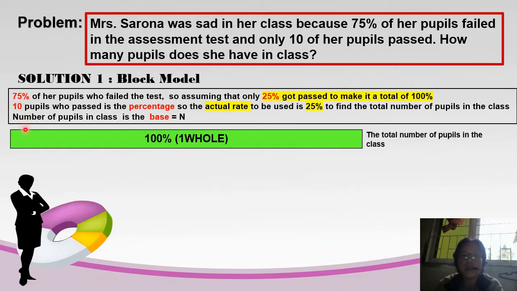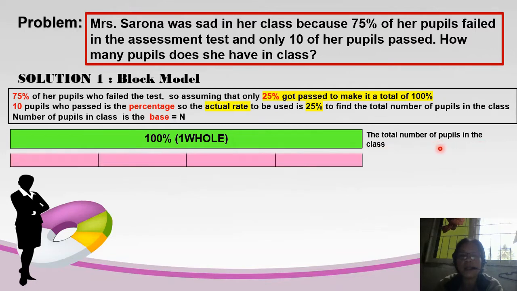So we have here this green block that represents the total number of pupils in the class, and let's draw and divide this big block into four equal blocks, four equal parts. So this one whole is now divided into four in order for us to identify the 75% and the remaining 25% who passed the test.